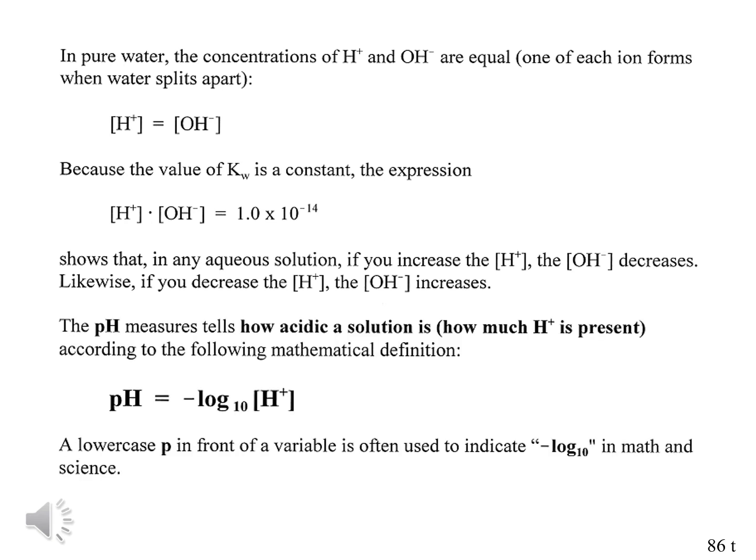Some people think, well, why can't you just then express the acidity of a solution as the concentration of H plus, keep it simple? But that is actually not simple. It's more difficult. What chemists do is they express the concentration or acidity as a log scale.